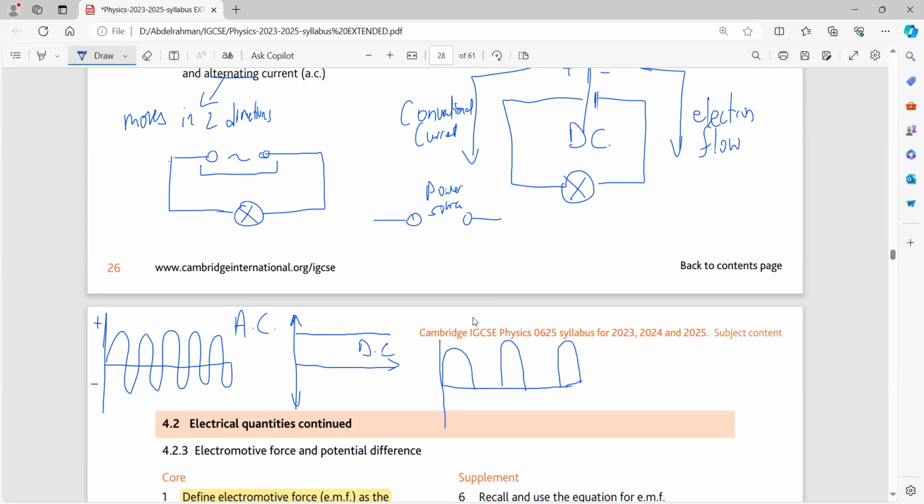It is direct. Why? Because again, it's only on the positive end. If I had something going like this, it's also direct. So this is also a DC current.